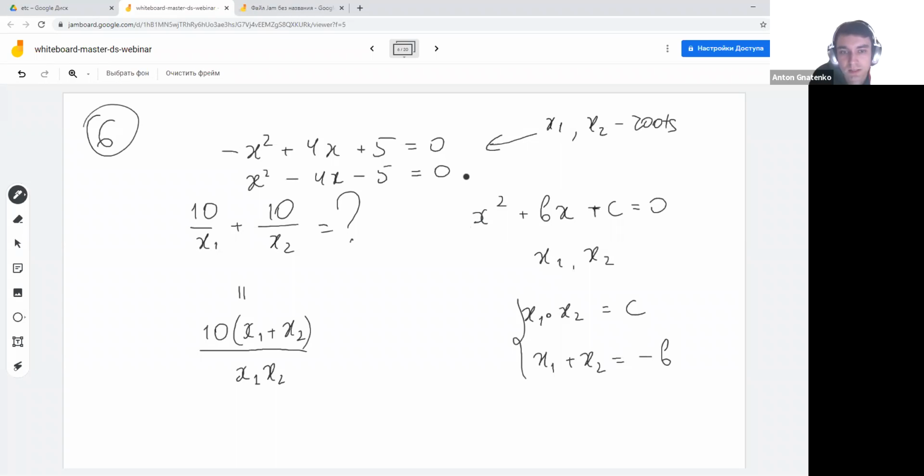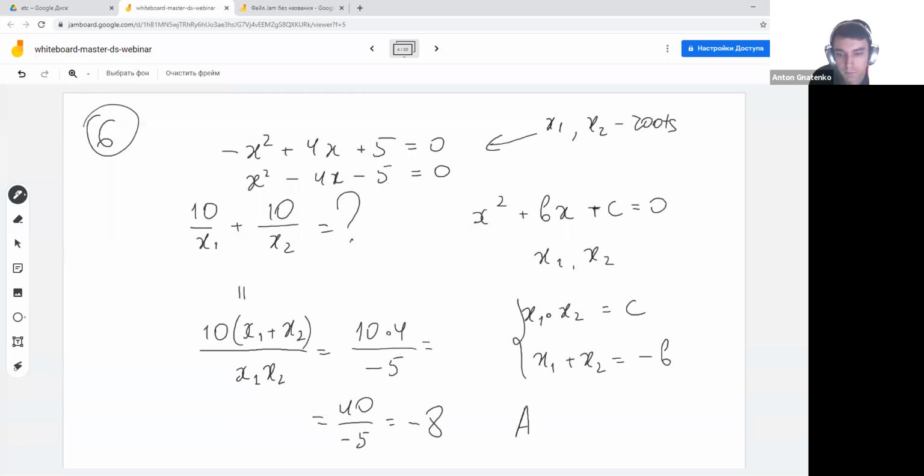The roots will be the same, and now I know that the sum of the roots equals minus b, which is 4, and the product of the roots equals minus 5. So it's 40 divided by minus 5, which is minus 8.